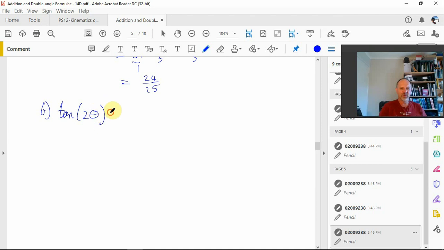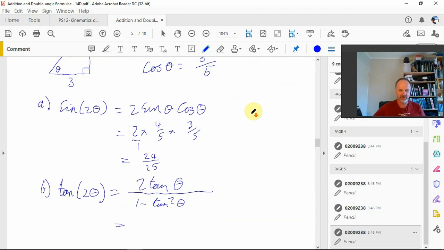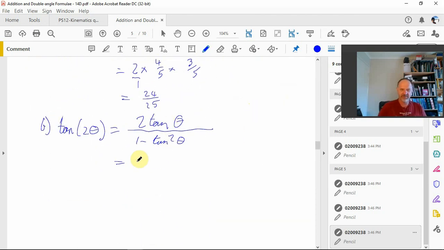All right, so when you go back and look this up, on the top you've got 2 tan theta, and on the bottom you've got 1 minus tan squared theta. And tan theta was 4/5, wasn't it? 4/5, yep. So on the top we've got 2 times 4/5, and on the bottom we've got 1 minus (4/5) squared.